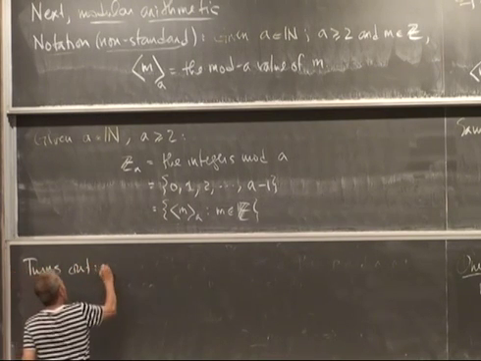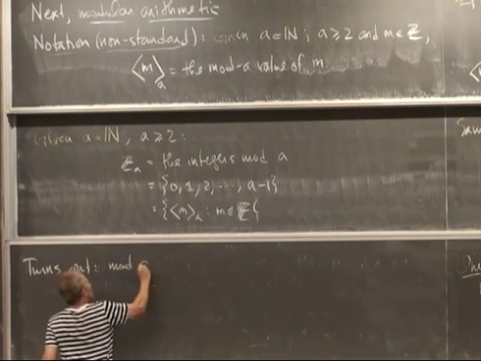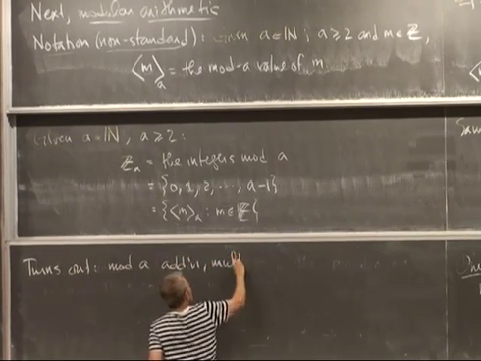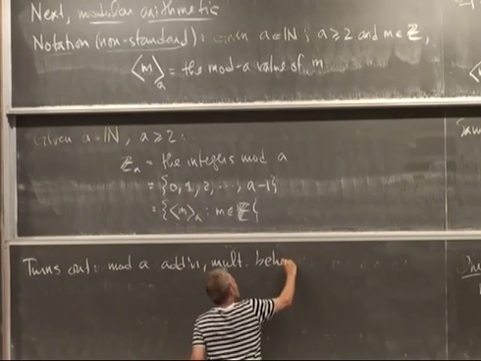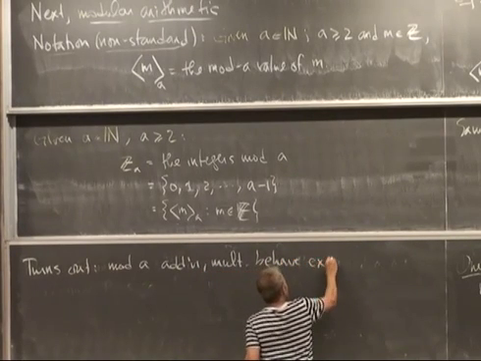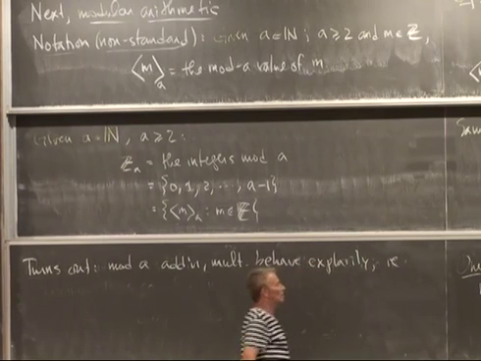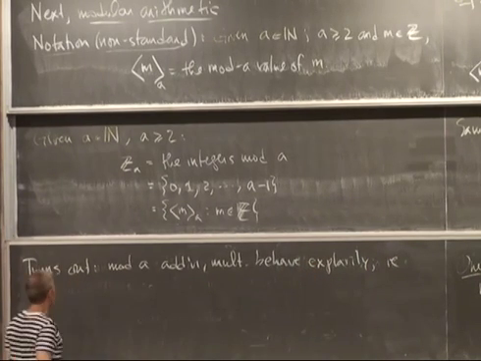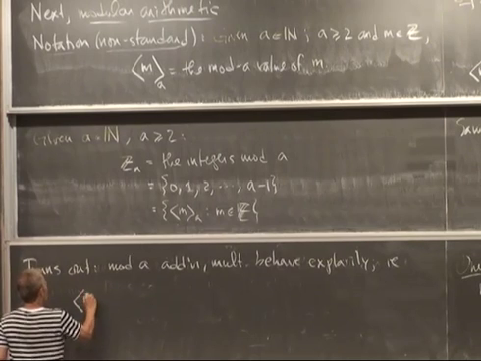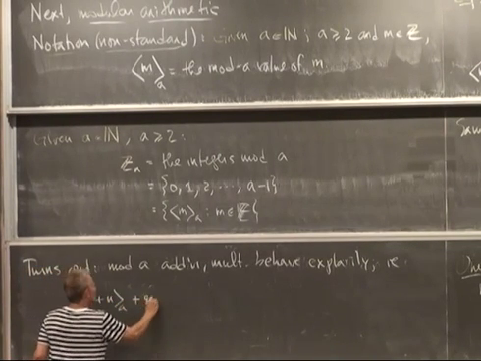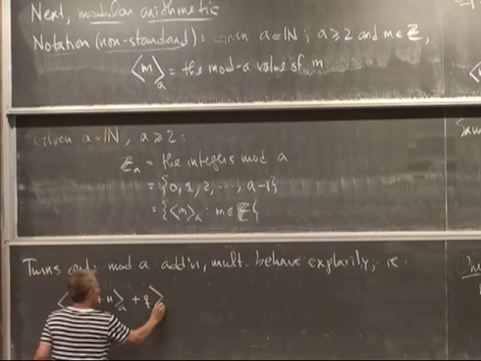So it turns out mod a addition and multiplication behave sort of exemplarily. That is to say, how about if we do this? How about if we say m plus n mod a plus q and take mod a?